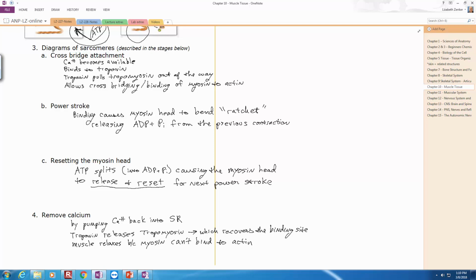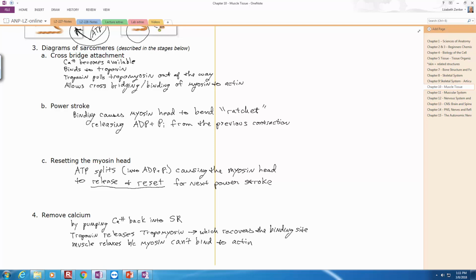Energy. It takes energy, so we're going to need ATP to pump calcium because it's still in a higher concentration in the sarcoplasmic reticulum. So you're pumping it back in against its concentration gradient, shoving it all back into the sarcoplasmic reticulum.